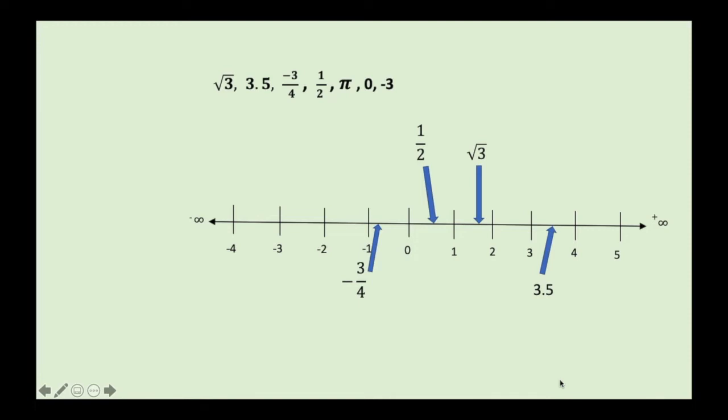So we will place it between 3 and 4 on the number line, but closer to 3 than to 4. 0 would obviously go here, and -3 will go here where -3 is. Then, if we look at our number line from left to right, we can arrange the numbers in ascending order. Thus, our answer is -3, -3/4, 0, 1/2, square root of 3, pi, and then 3.5.